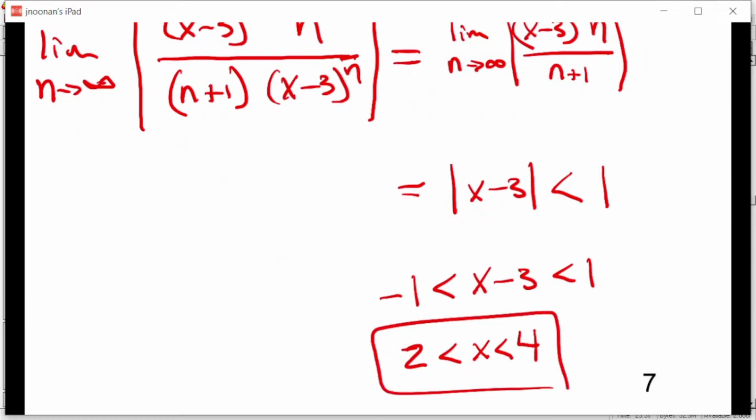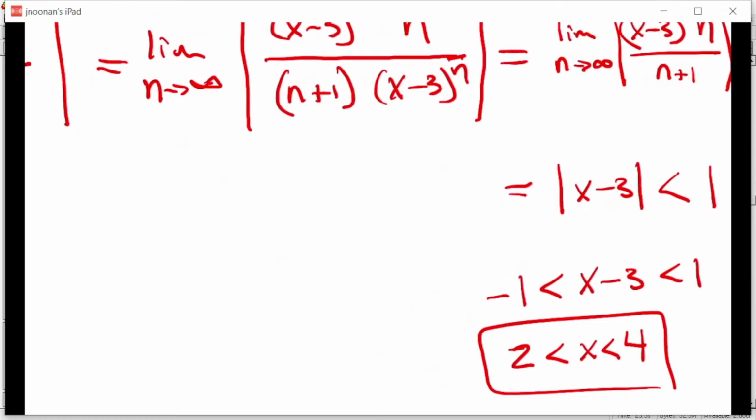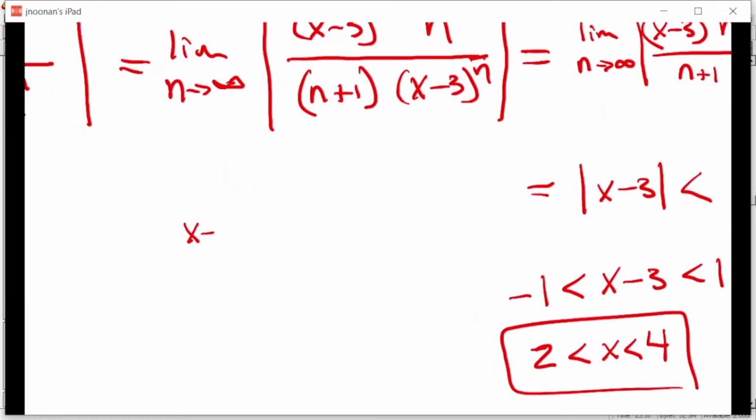Now there are 2 things that we haven't dealt with, and those are the endpoints, because this says that this will converge here. But what happens if x minus 3 is equal to 1? For example, x equals 4. Does that converge or diverge? What about x equals 2? Does that converge or diverge?